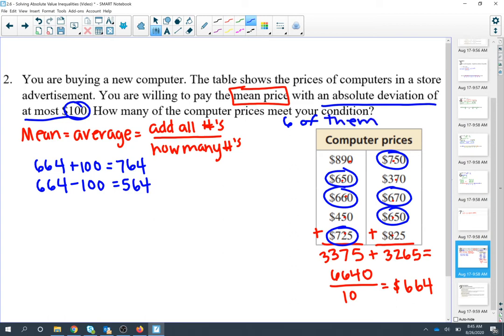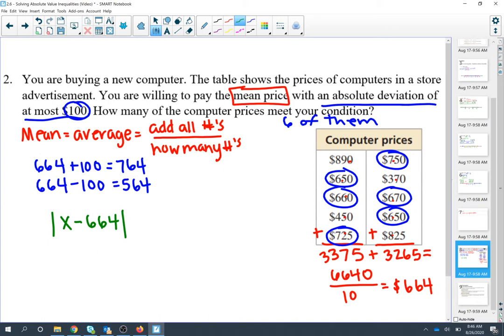Now, how does that actual equation of absolute deviation come into this? So what it would look like algebraically to get this answer, because essentially you just got it, is you would say, okay, I'm going to do the absolute deviation between what I'm willing to pay and 664, which is my mean.